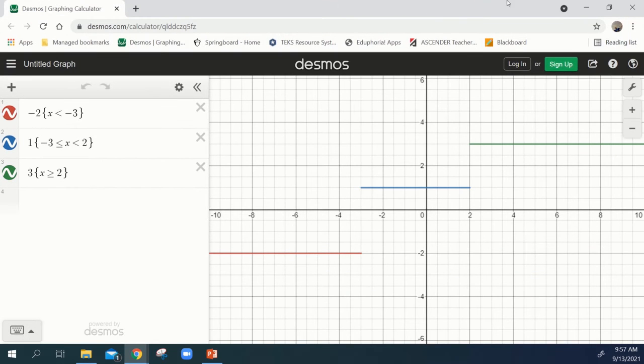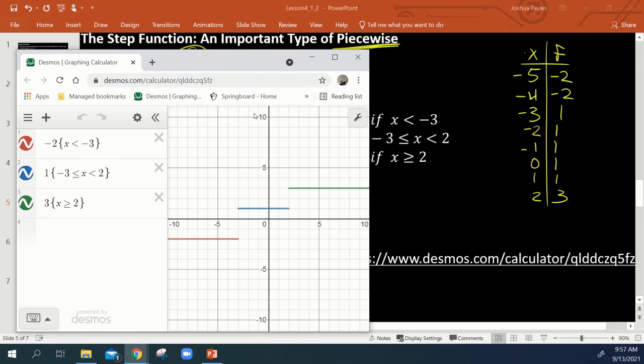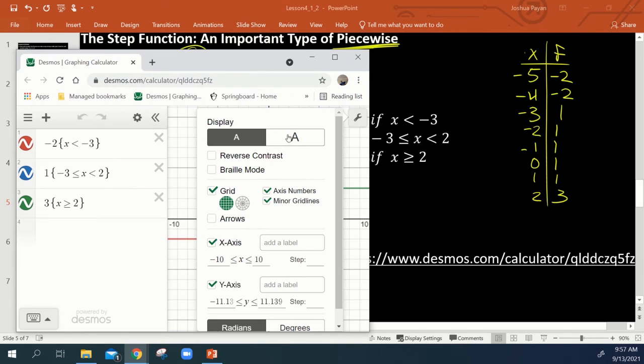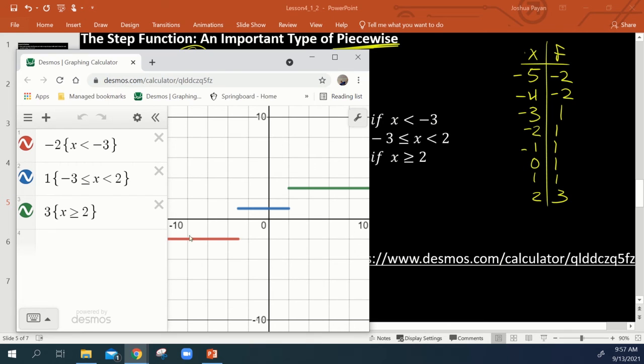All right, here we've got a pretty clear picture of it. Okay, so what we have are steps. Now we need to think, what kind of circles would we put on the end of these steps?